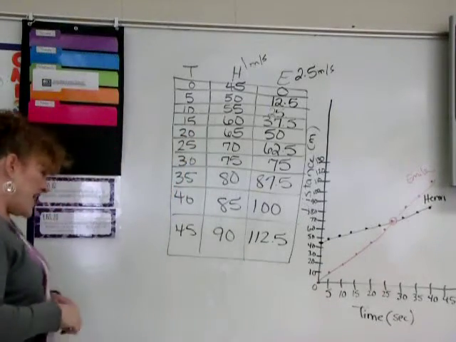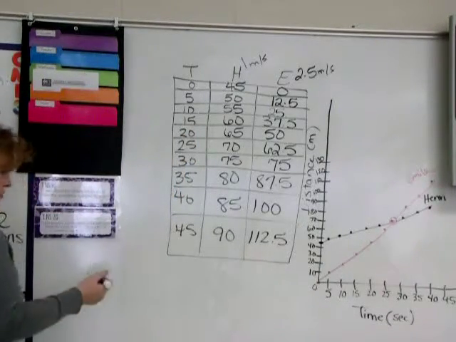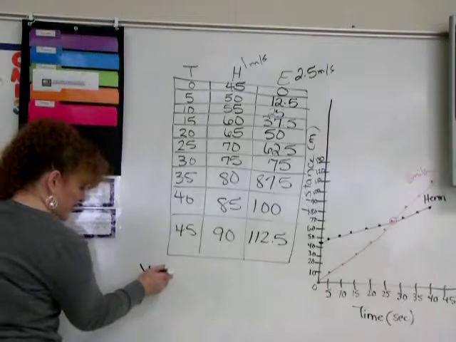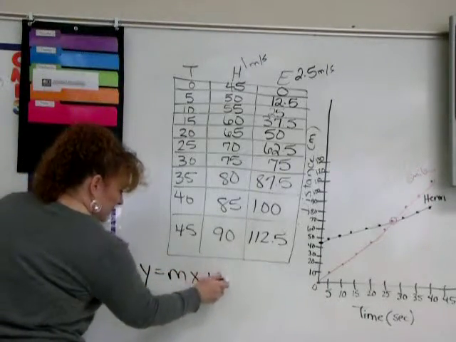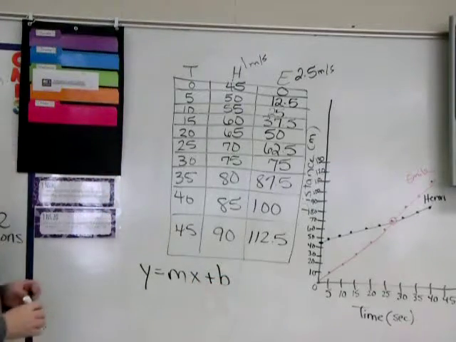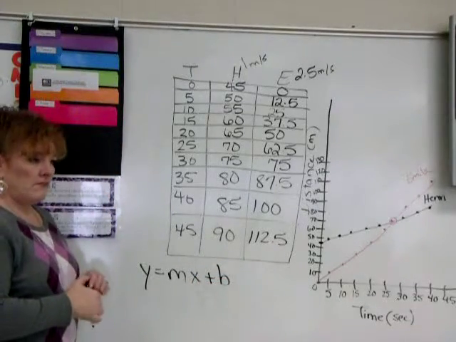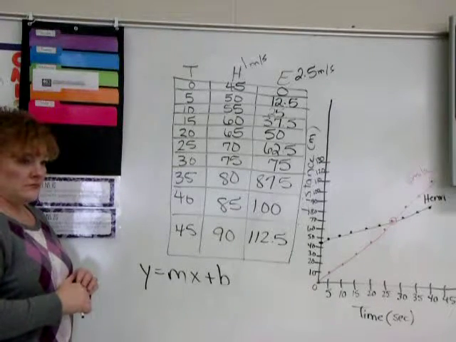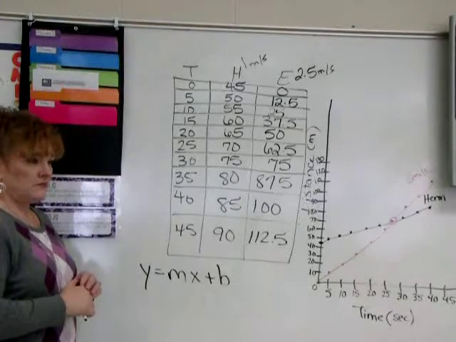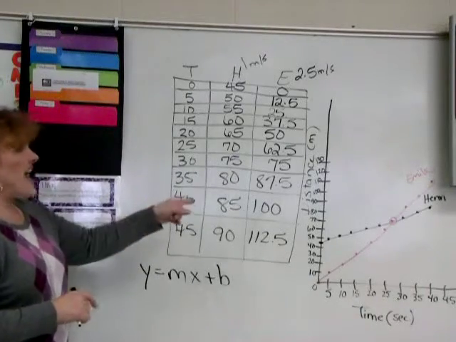And if we look at the equation, remember that the equation to be linear must be in the form of y equals mx plus b. Henri had a head start.